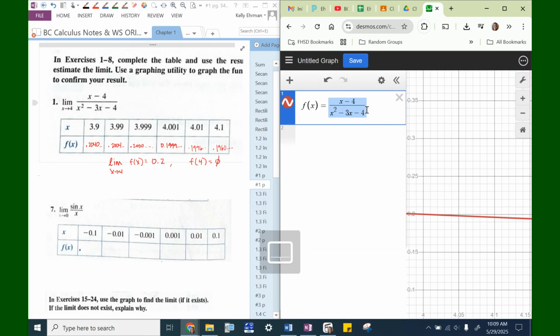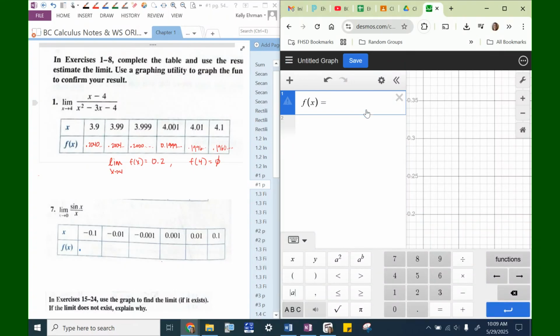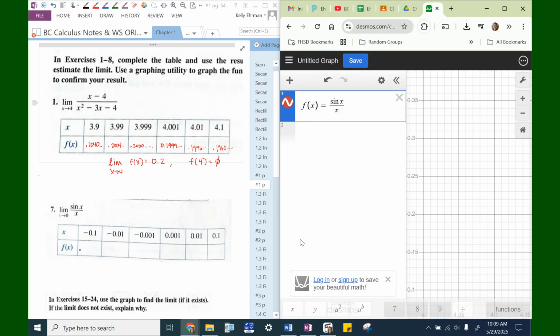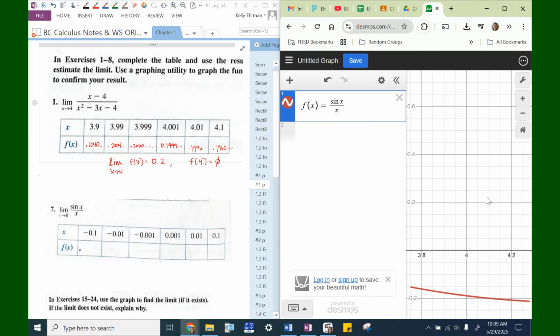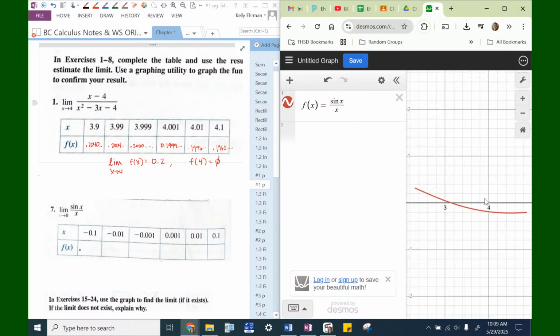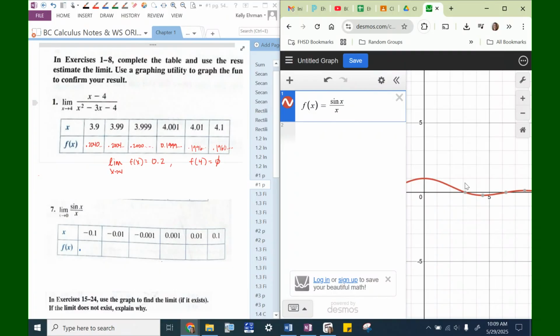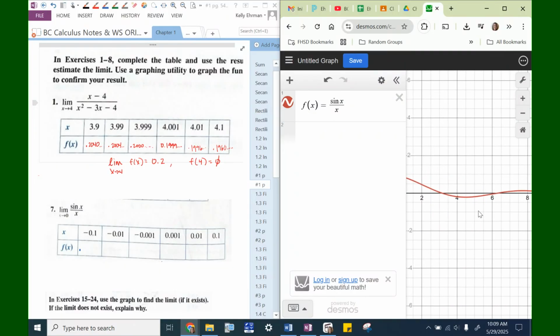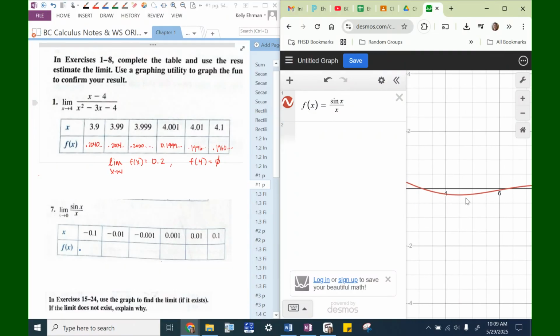All right, let's switch this around to type sine x over x. Now, I can't see the graph right now. If you are having trouble seeing the graph and zooming out isn't working very quickly, remember, we did this a bit in pre-calc. You can type in the value that you're trying to look for.